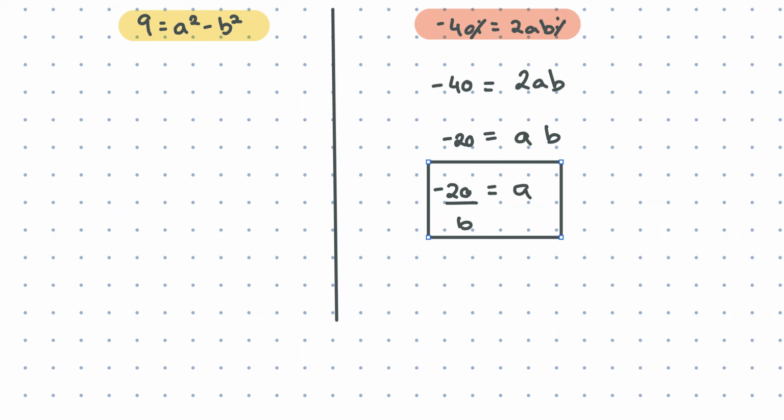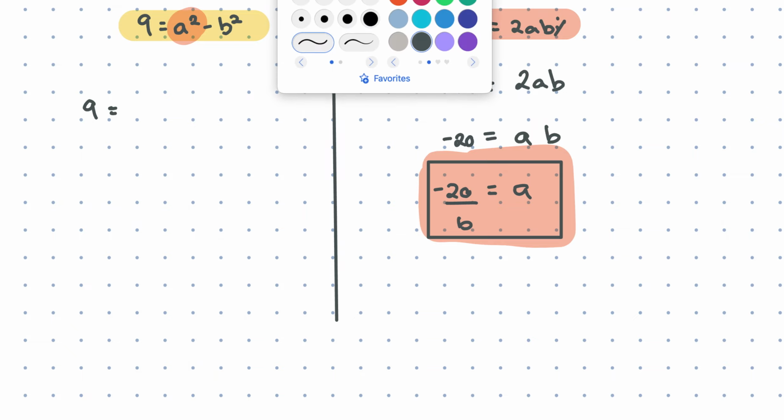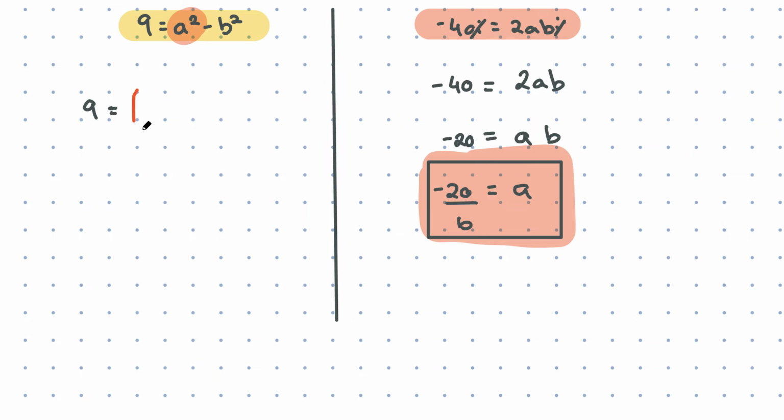I'm now going to substitute this in, which is the orange part. I'm going to sub it in every place that I see a in the nonlinear equation. So this becomes 9 is equal to, and I'll change colour so it's really obvious where it's coming from, minus 20 all over b, and then we're going to have it squared.